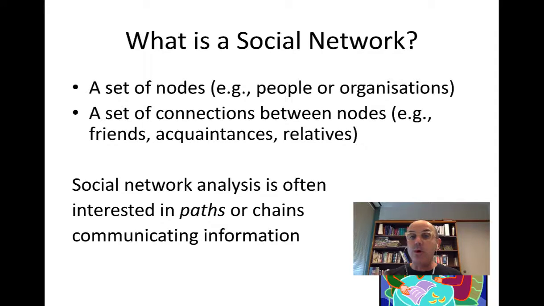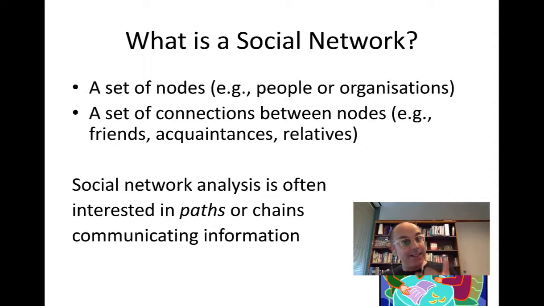So social network analysis is often interested in the path or chain of communicating information. When we post something on Twitter, how does it go about? For example, today there was a case against a person who says that President Trump does not communicate with the people on Twitter as he is supposed to do.